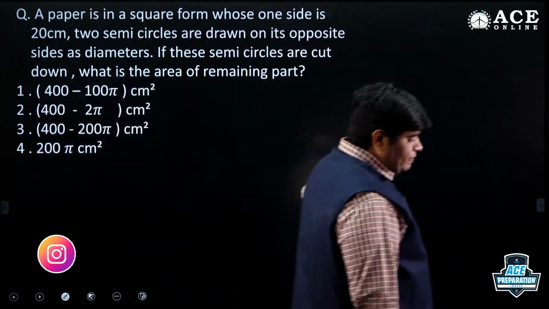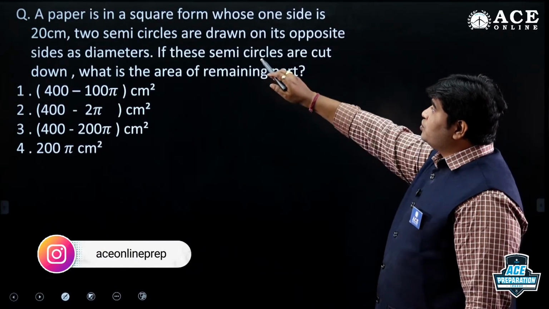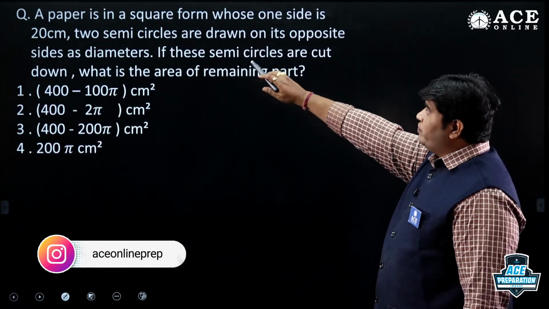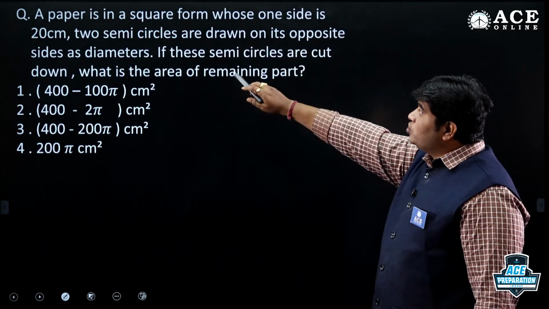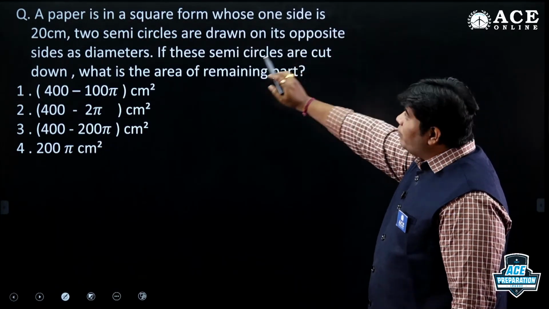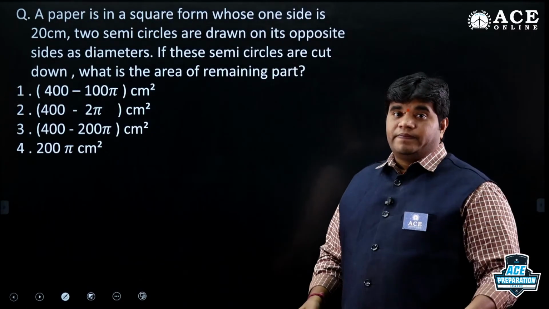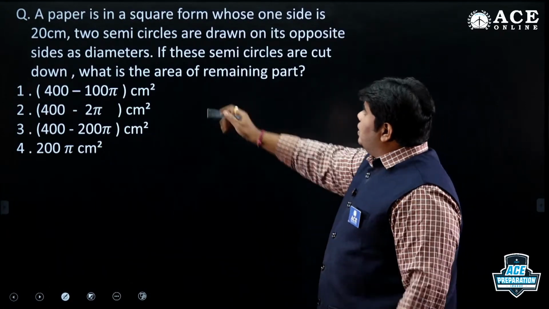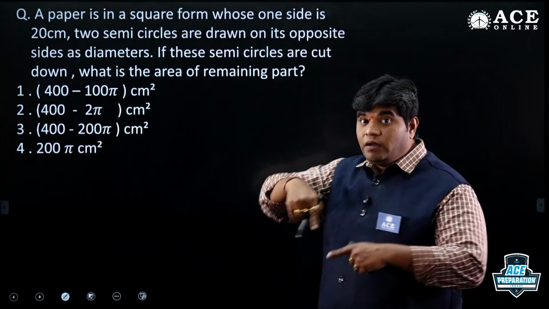You can observe this question. A paper is in a square sheet, a square form whose one side is 20 centimeter. Two semicircles are drawn on its opposite sides as a diameter. If these semicircles are cut down, what is the area of the remaining part?